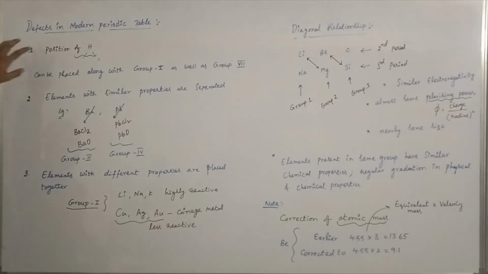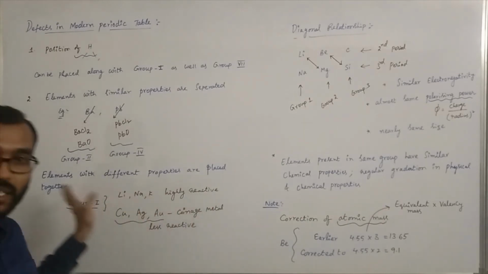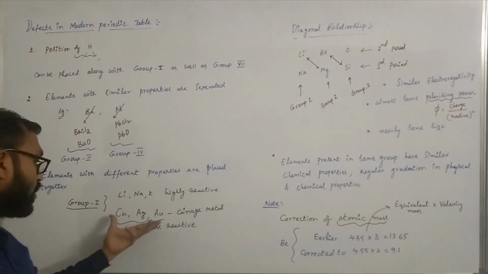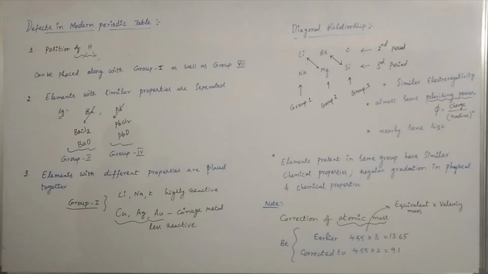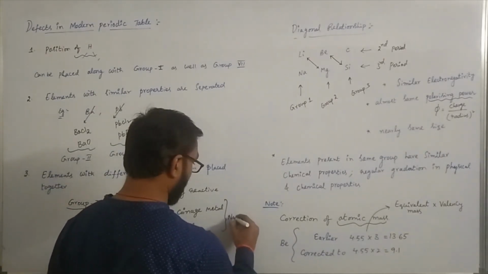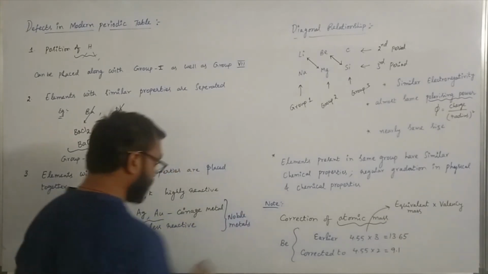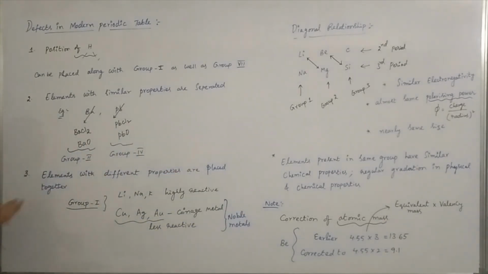In that group from top to bottom, from lithium to cesium, reactivity increases. But these are called noble metals, they are not reactive or poorly reactive. So why are less reactive elements placed along with more reactive elements? That was not justified. So elements with different properties are placed together.